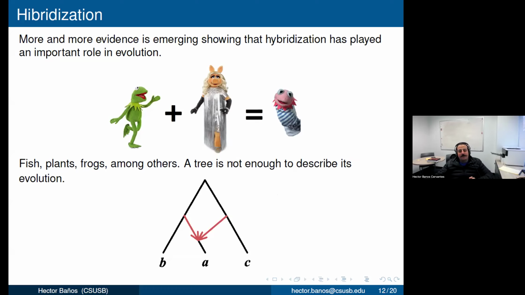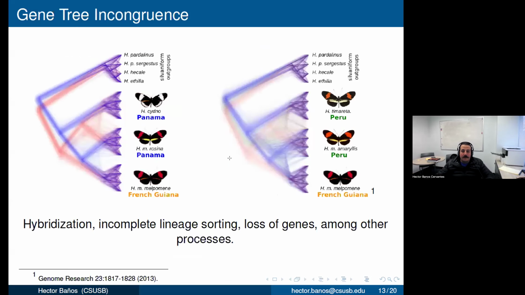Here, in order to properly model how hybridization occurs, we need to look at other processes that happen. One that is common is gene tree incongruence. When you look at different genes, which are the building blocks or instructions in DNA, different genes have different evolutionary histories.